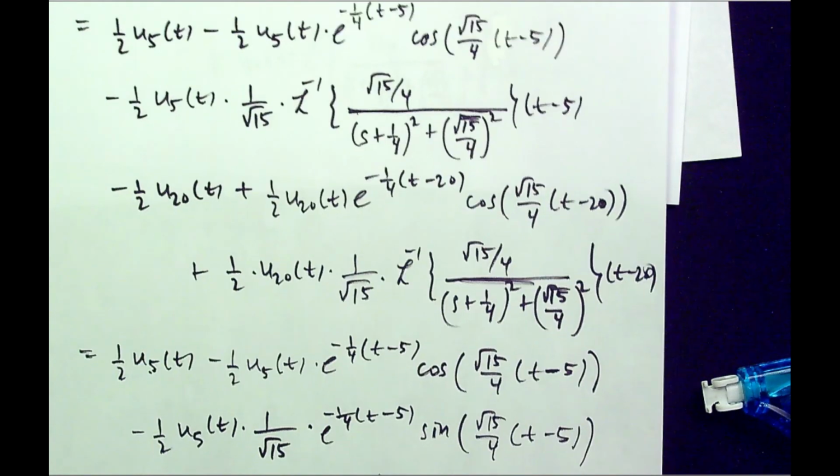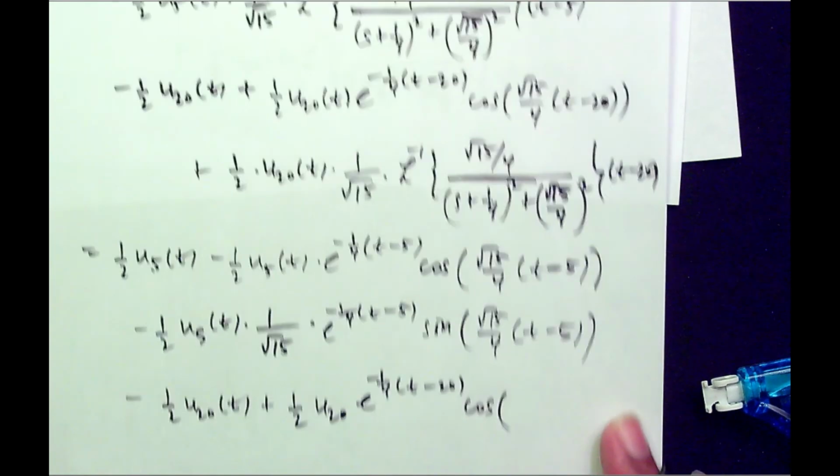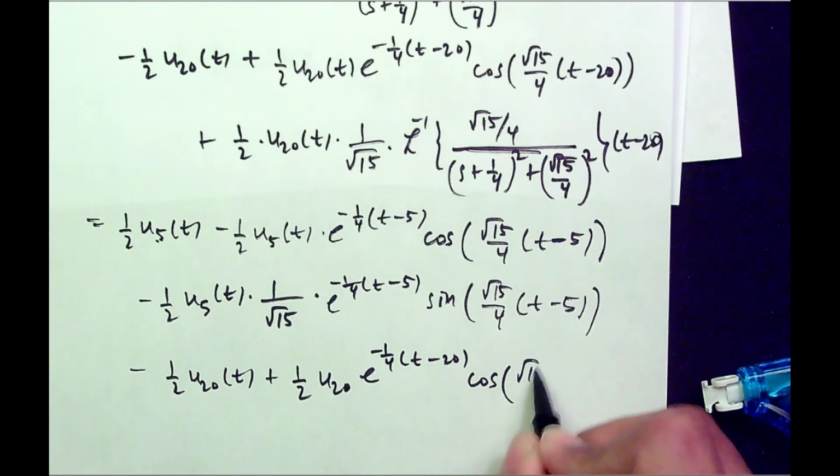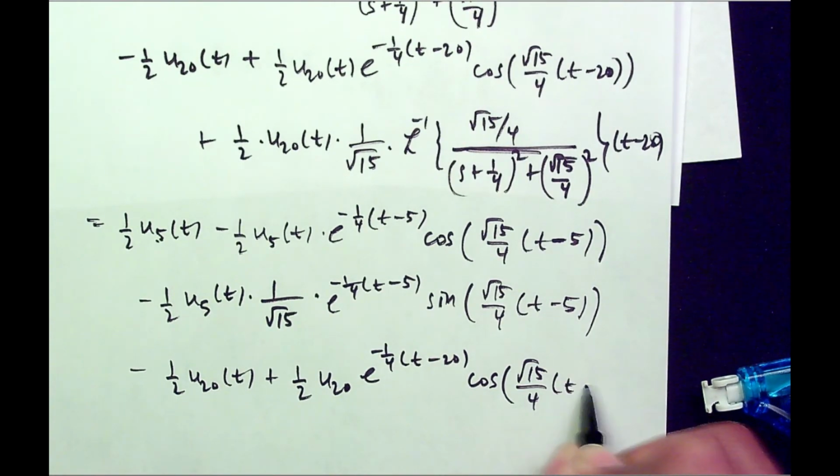Cosine. Oops, my bad, I was out of the frame. Square root of 15 over 4 t minus 20.